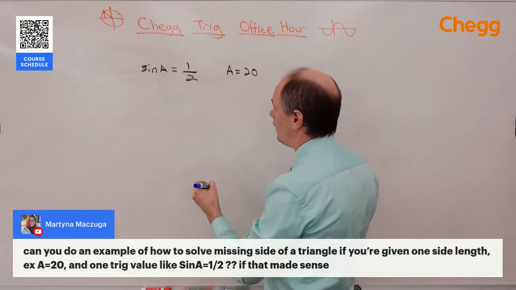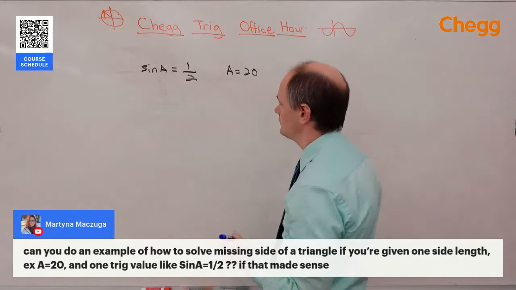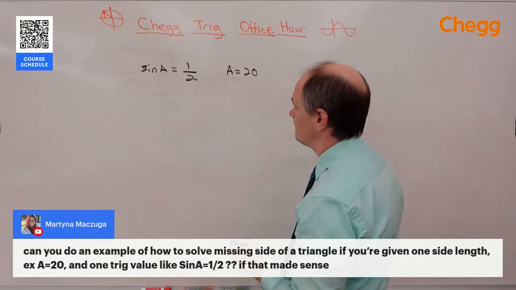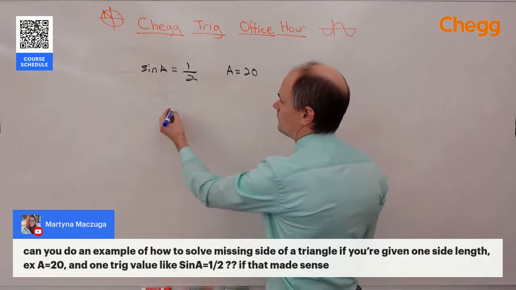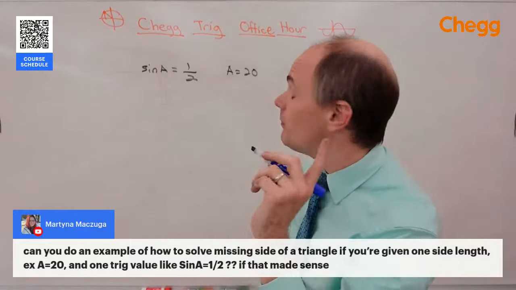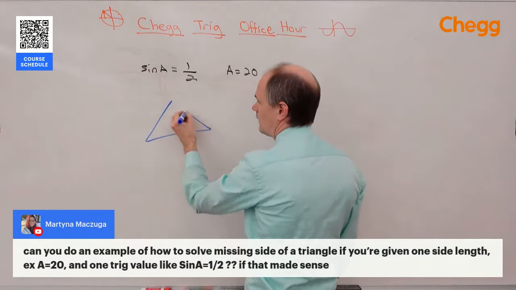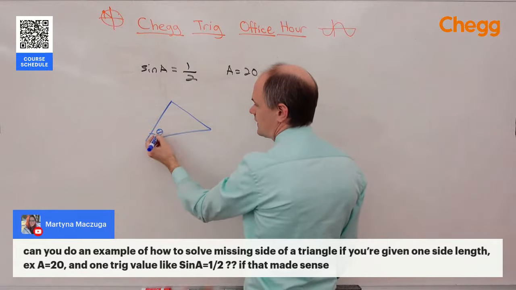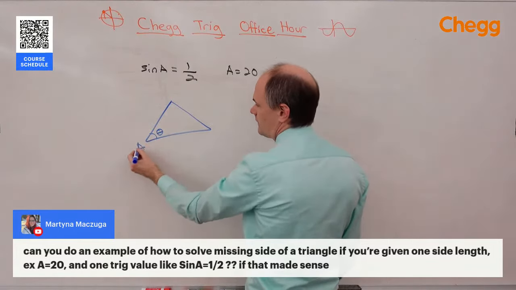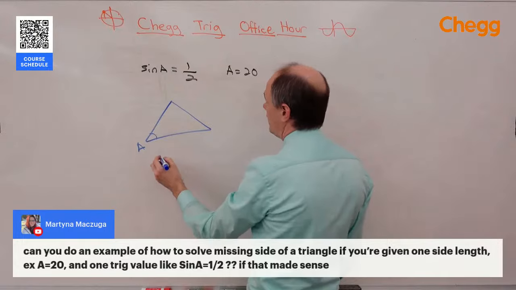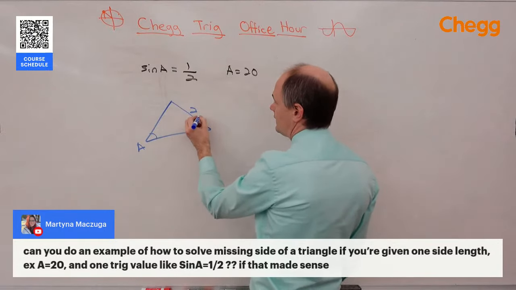So let's draw this triangle. This isn't quite the problem I was thinking, but it's a fun one. So let's take a look at it. Let's say this is theta, or this is angle A. And then the opposite side then is 20.